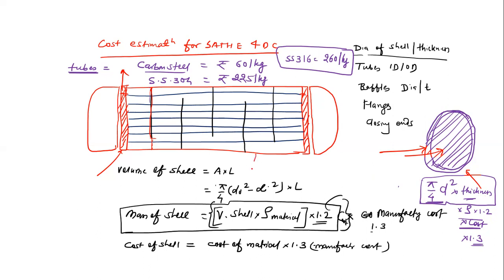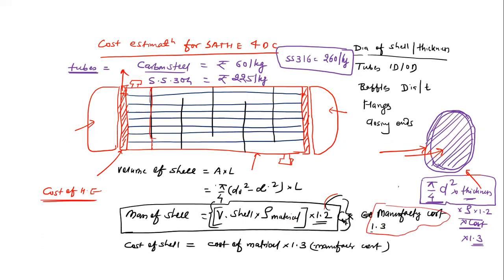So now the cost of this, plus we have incoming and outgoing nozzles. Plus we have this closing end. So after you have shell cost, baffle cost, flanges cost, tube cost, everything is done, you will get a rough cost of heat exchanger, with every part following 20% waste cost and then 30% manufacturing cost.